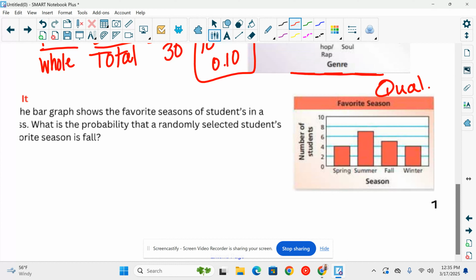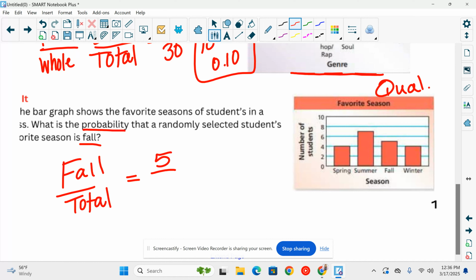Okay, so now we want to find the probability of students choosing fall. So we're looking at fall over the total. How many students chose fall? 5.